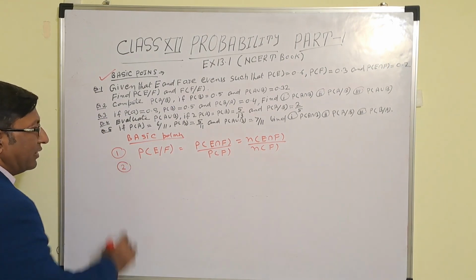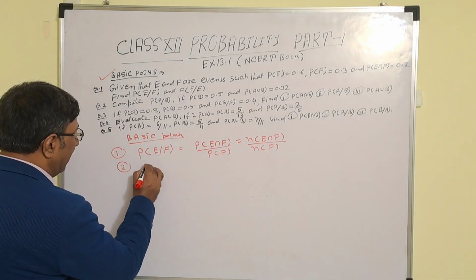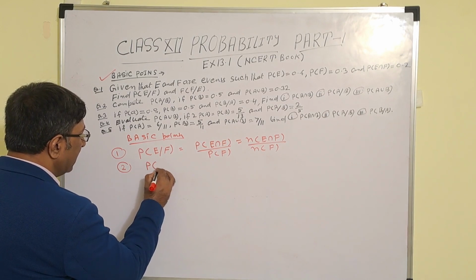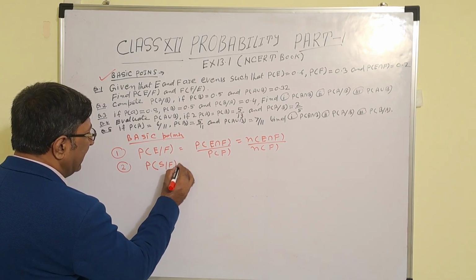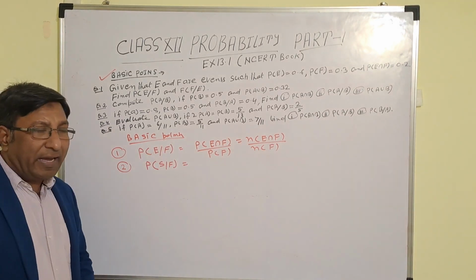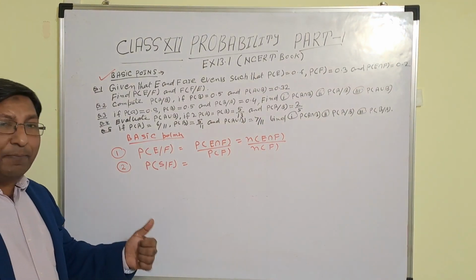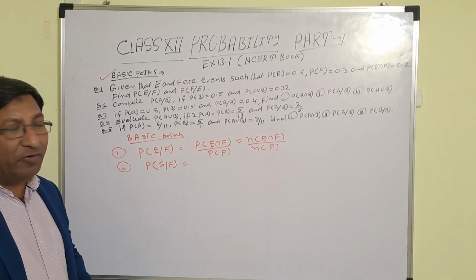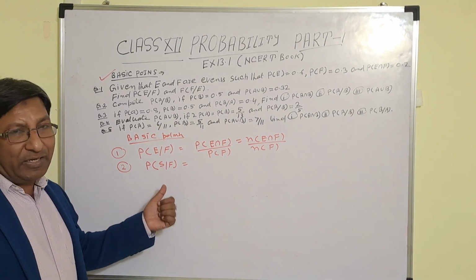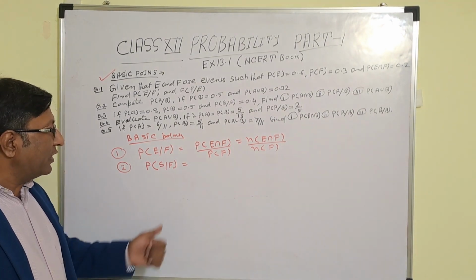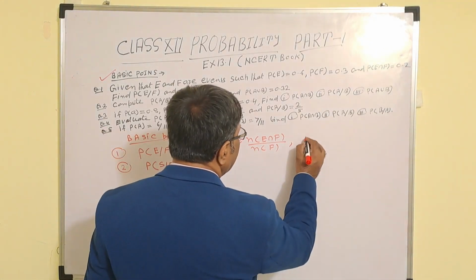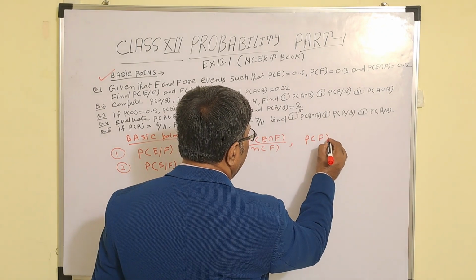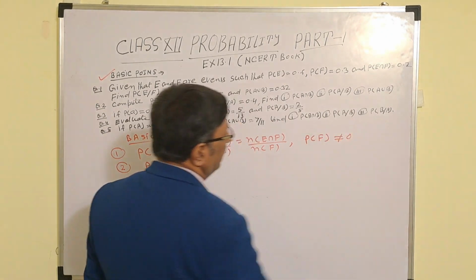Now this is a second point. Second point is what? This is probability of S when F has already occurred. So now S is what? S is a sample space, that is the total outcome, and F is any event where probability of F does not equal 0.